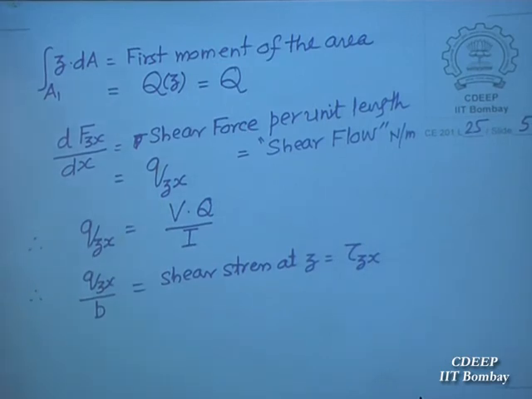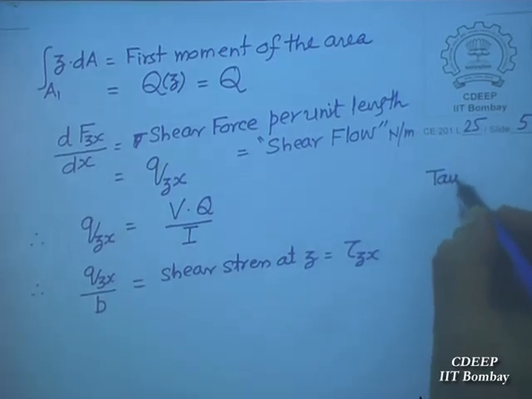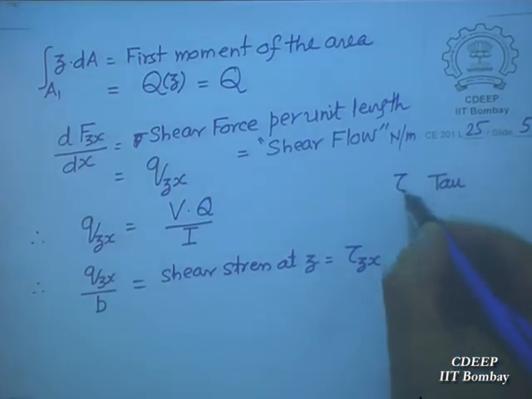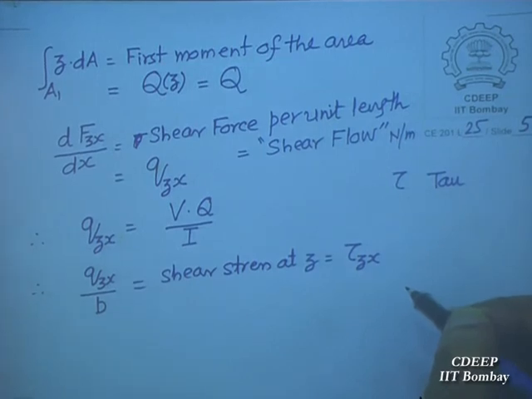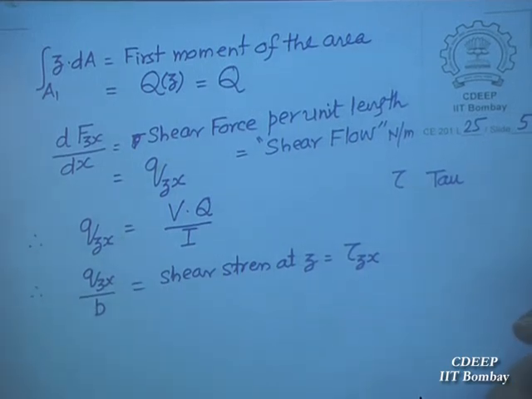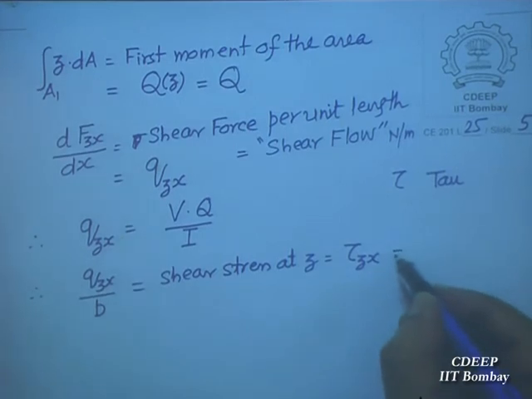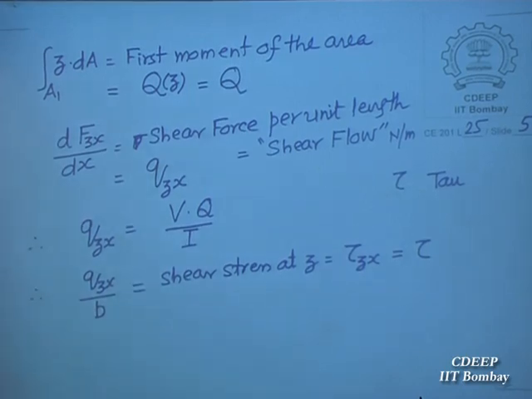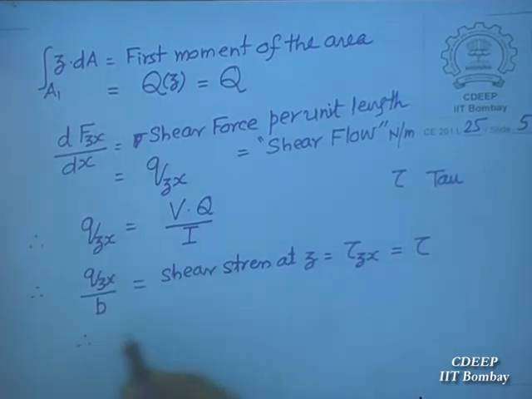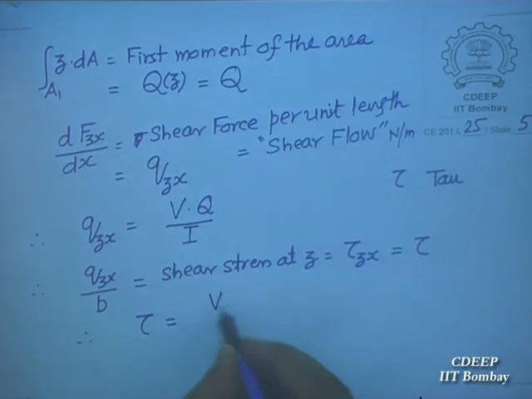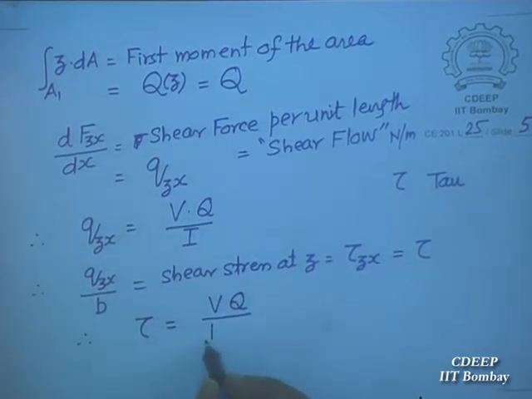These are all Greek letters. Because you are not dealing with so many shear components, simply tau, and therefore the shear stress at a distance z from the neutral axis is Vq by IB.